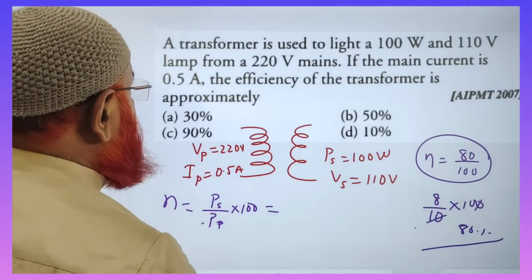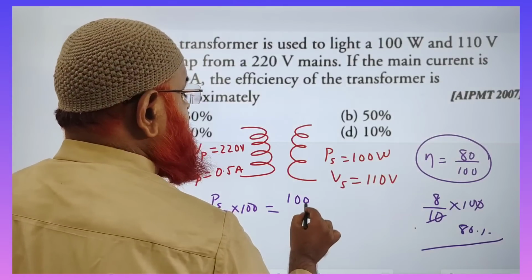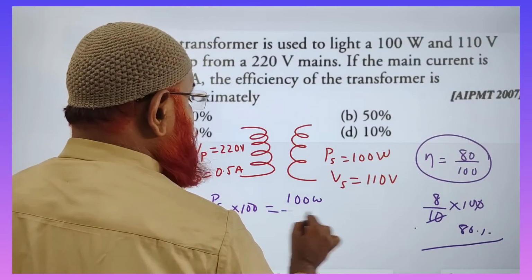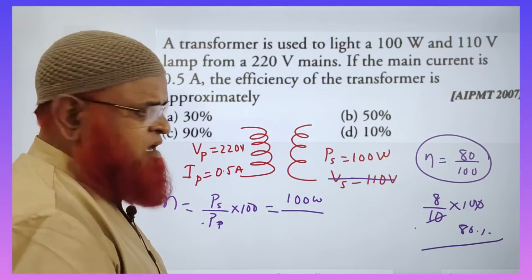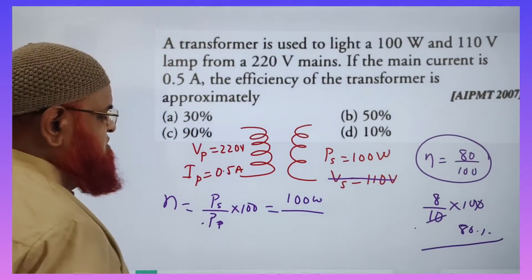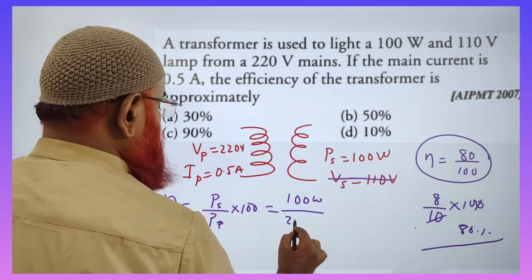So power at the secondary is how much? 100 watts. Directly you can take. ये तो टाइम पास के लिए दिया. जरूरत नहीं है ना आपको पावर की? वे करंट मालूम करते हैं. So voltage at the primary is how much? 220.